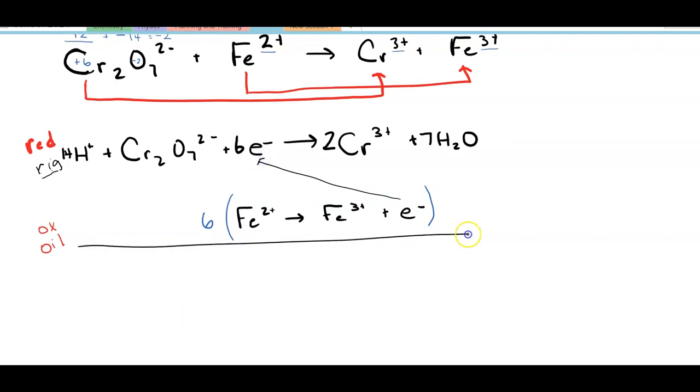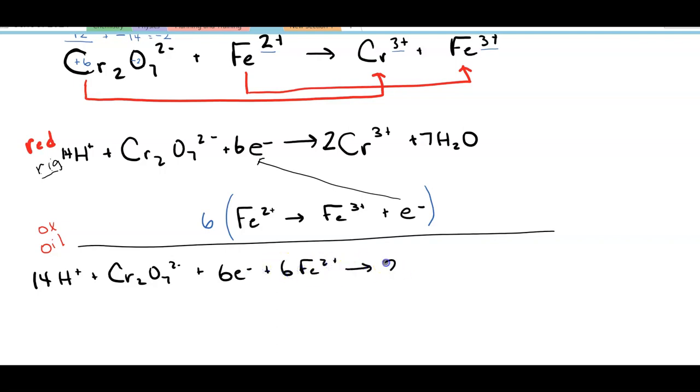So when I write this as a total equation, I would have 14 hydrogen ions, 1 dichromate ion, 6 electrons, and 6 iron 2 ions. Those go to form 2 chromium 3 ions, 7 waters, 6 iron 3s, and freeing up 6 electrons.